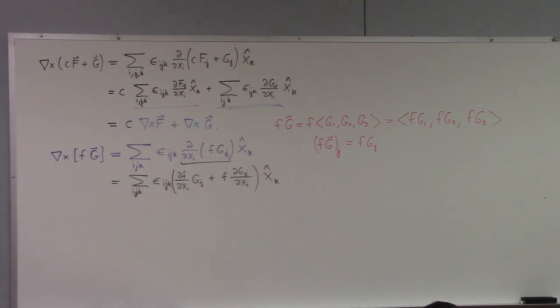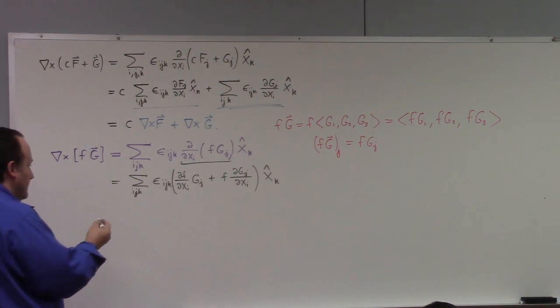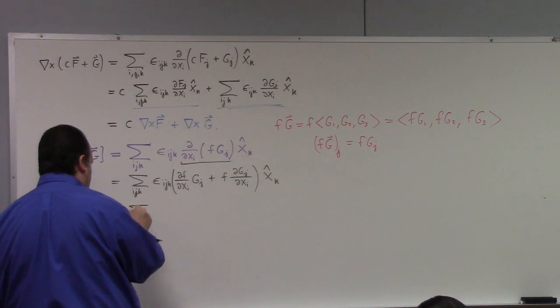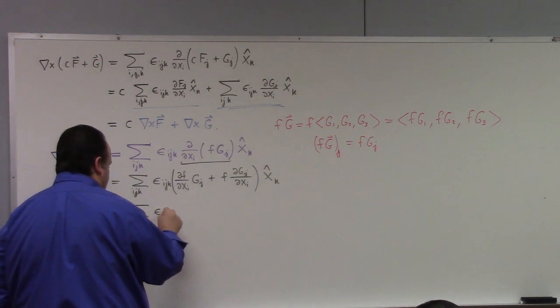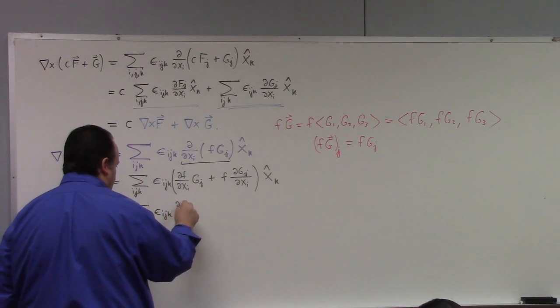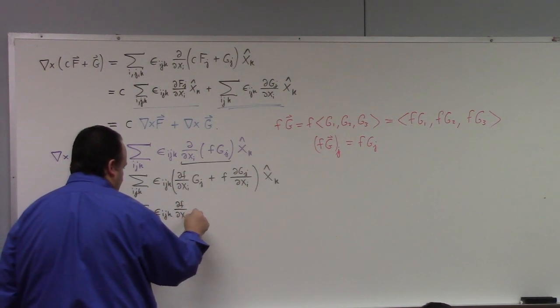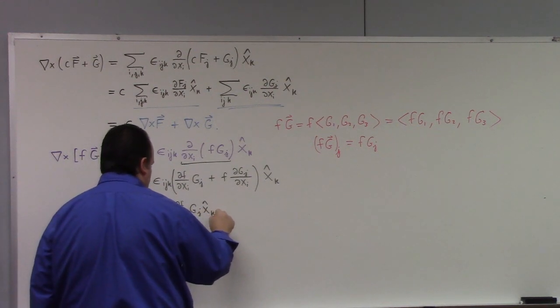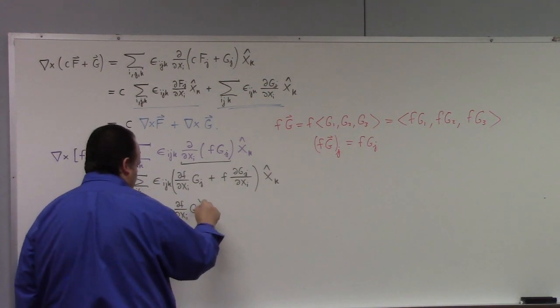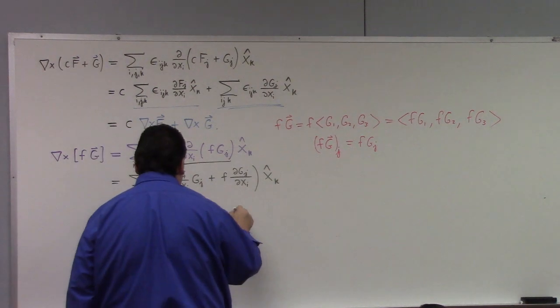I'll write down one more step here just to be super explicit. So that is going to give me the sum over i, j, k, epsilon ijk, partial f, partial x_i, g_j, x hat k. Trying to emphasize that the derivative doesn't go on the x hat, it just multiplies it.